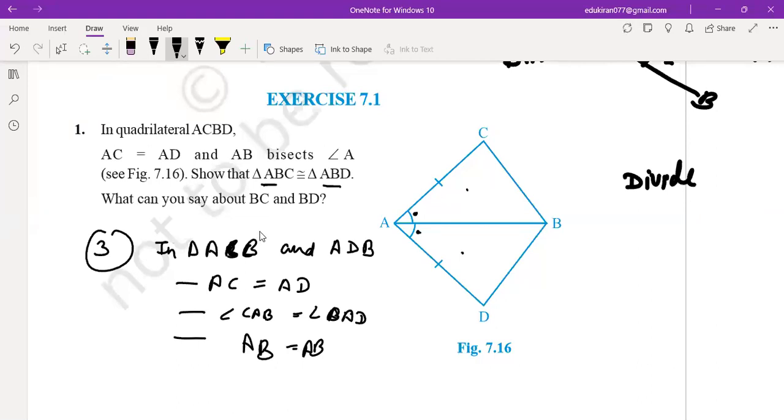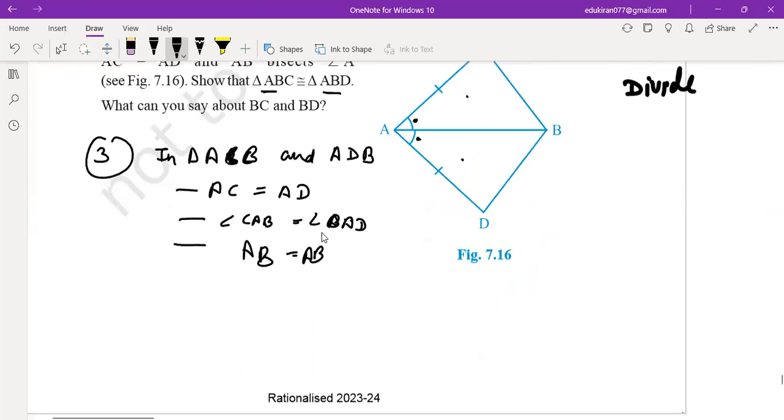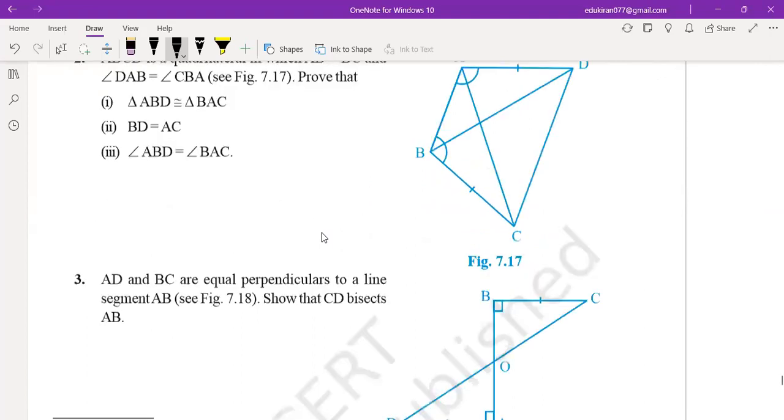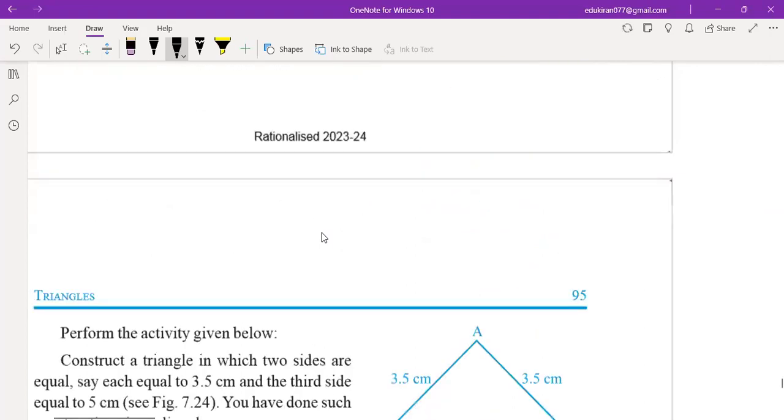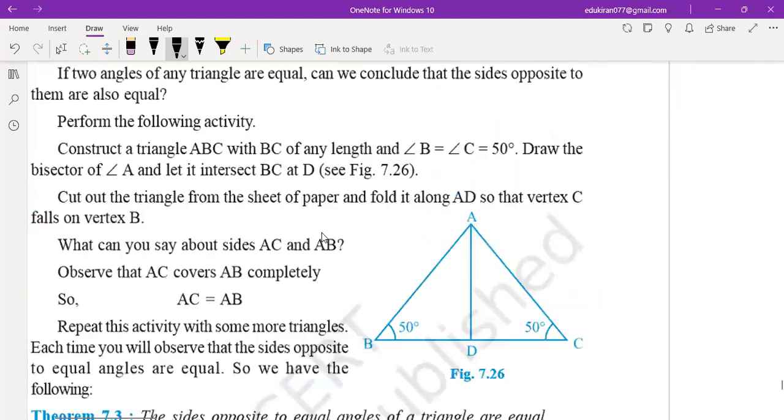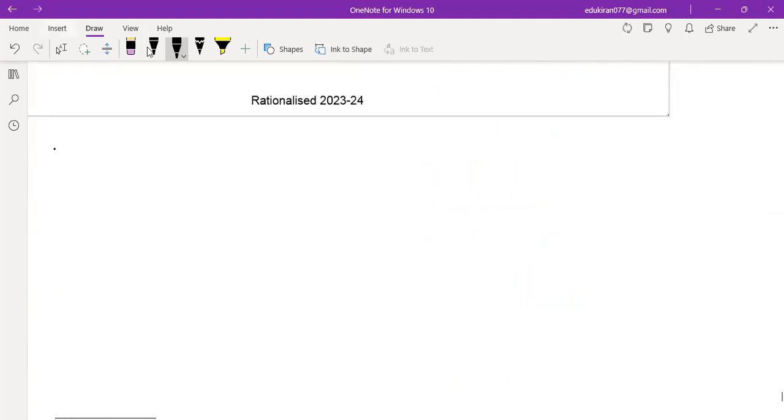This is not a part of your syllabus. I just wanted you to find the similarities. I hope everybody got it. Anyone who is still confused?